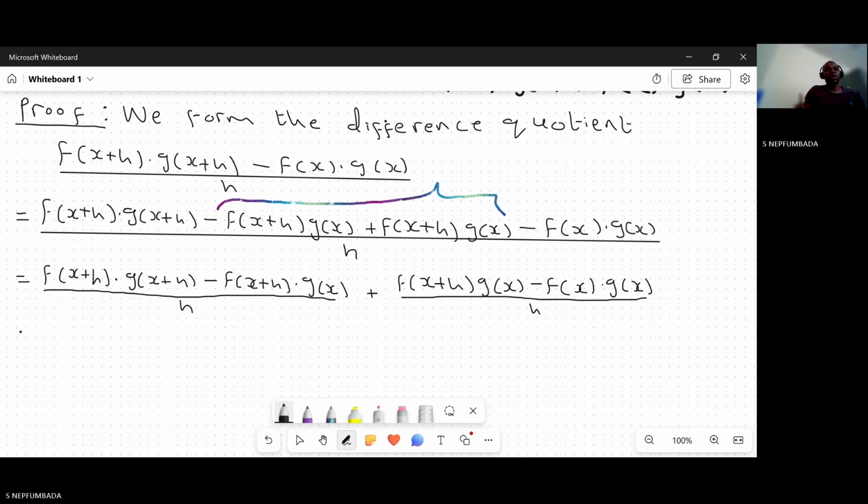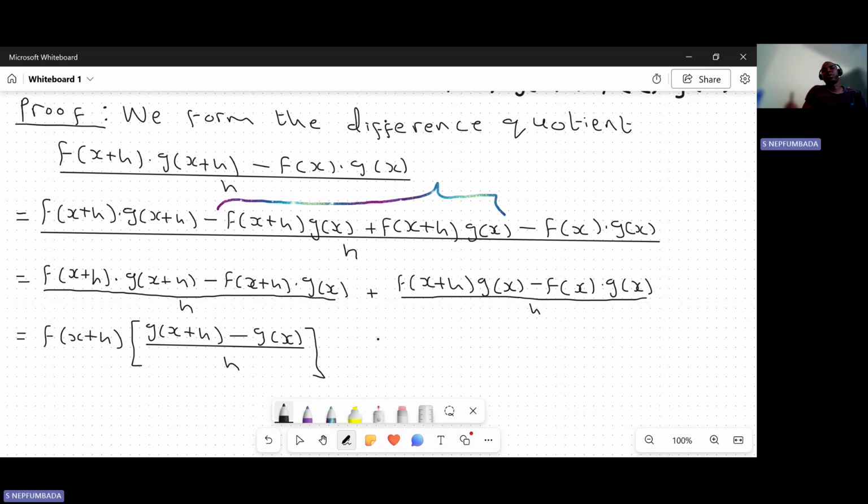On the first one, we can remove the common factor, and our common factor is f at x plus h. So we're going to be left with g at x plus h minus g at x, divided by h.